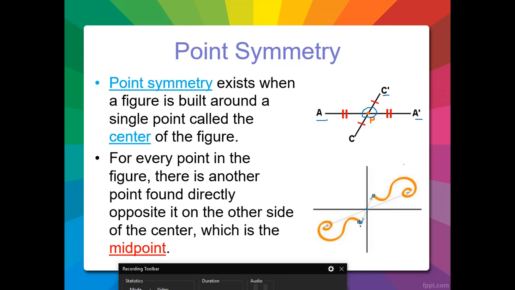So one is the original, maybe this is A, and then this is A prime. We don't know for sure because it wasn't labeled, but all points on this swirly figure would be the same. So on this endpoint here, we would travel our distance to the origin, and then we would travel the same distance away to its new location. So the origin is serving as the center or the midpoint.